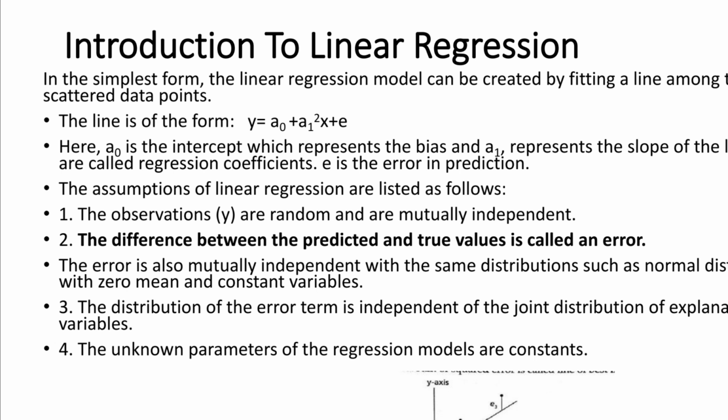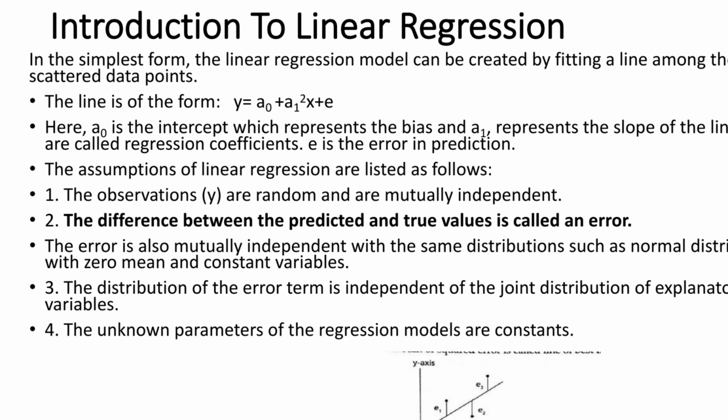where x is the independent attribute and y is the dependent attribute. a naught and a1 are the constants. a naught is the intercept, which represents the bias, and a1 is the slope of the line.